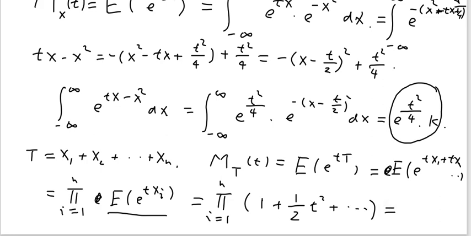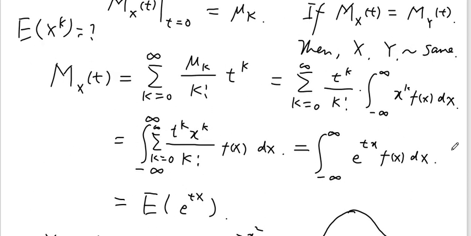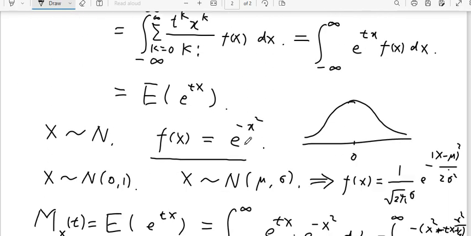So we check the case when t is very, very small, with variance 1 over 2. Here we need to check t divided by n.